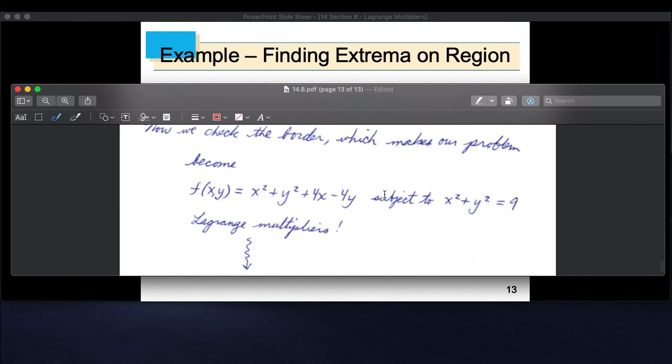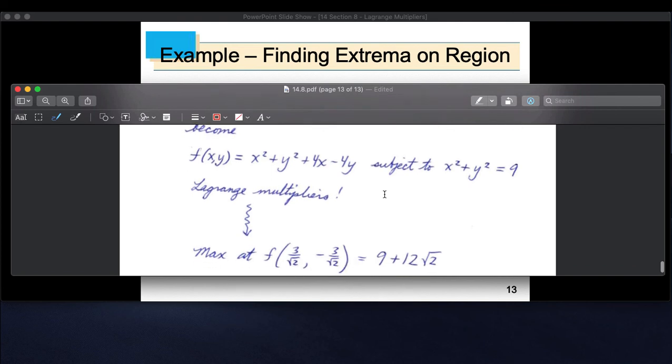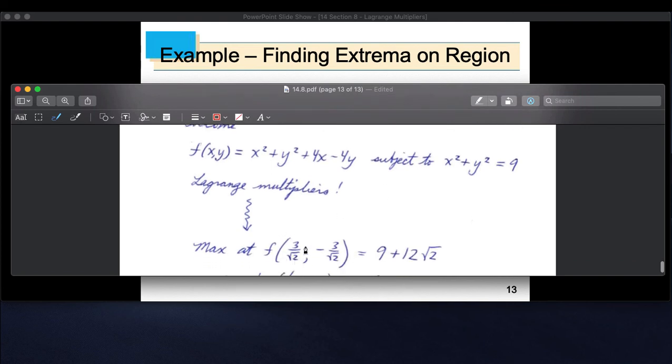Now, before I actually show you the answer and leave it there, you get multiple points that are possible extreme values when you do the Lagrange multipliers. But you'll find out that the max occurs at this point, 3 over rad 2, comma, negative 3 over rad 2. So I would ask you to do Lagrange multipliers to figure out how I got to this point and end up getting this value right here.